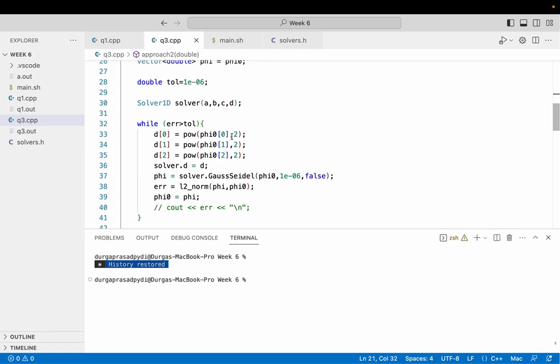Like you just have phi square as your source term, which will be going into your constant term. You just take the guess value of that.